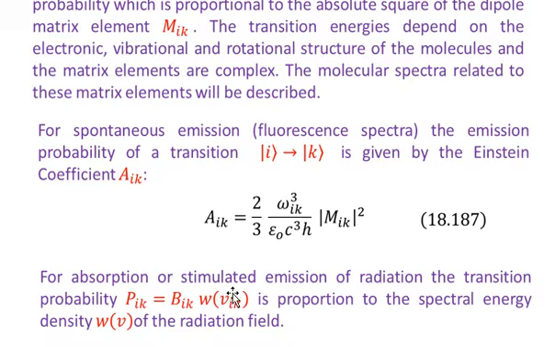For absorption or stimulated emission of radiation, the transition probability Pik between the ith and kth level is equal to Bik multiplied by W of nu ik. Again, Bik are the Einstein coefficients, and Pik is proportional to the spectral energy density W of nu. W of nu is the spectral density of the radiation field that is either absorbed or emitted during the absorption or the stimulated emission process.